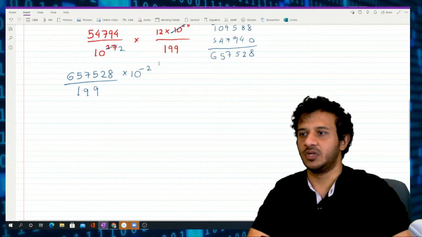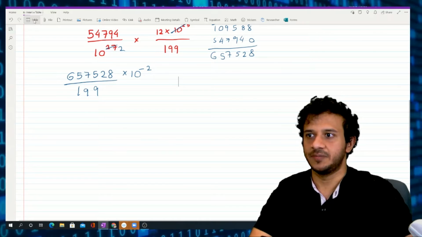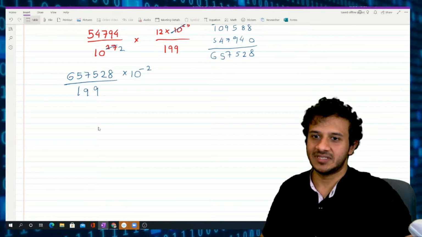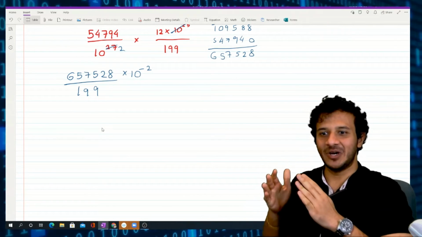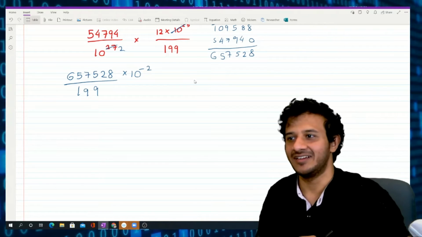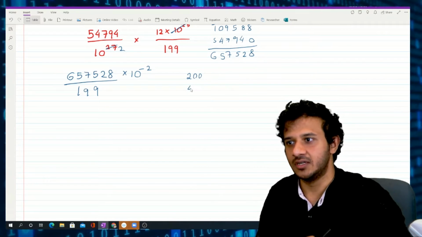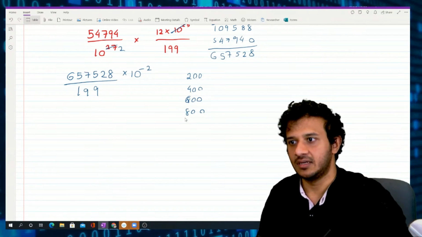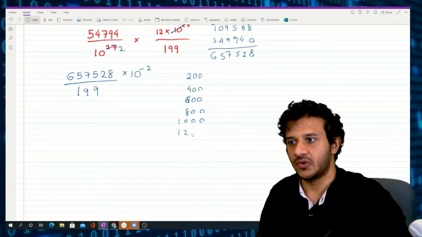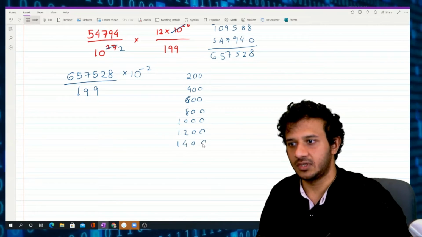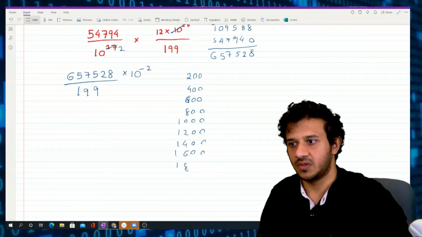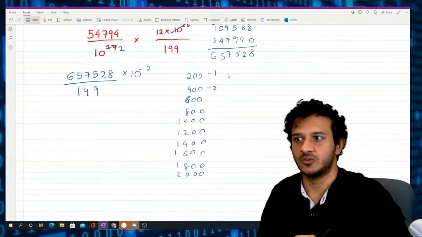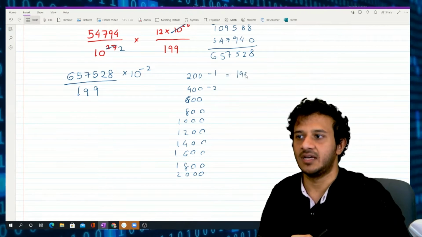It won't give you the best idea, but it will give you a rough idea. 199 is like 200 minus 1, so pretty much we are writing the 200 times table, but we are minusing 1 each time. The 200 times table looks like 200, 400, 600, 800, 1000, 1200, 1400, 1600, 1800, and 2000.